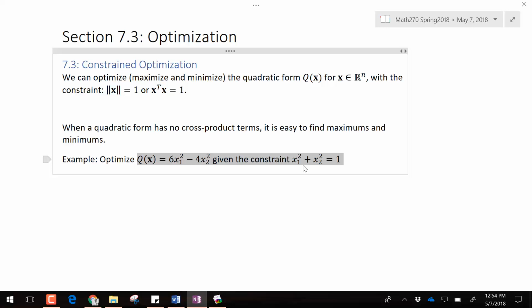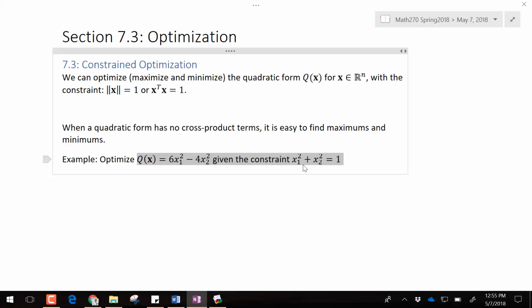And then our quadratic form would be one of these quadratic forms where the variables are raised to the second power. In optimizing this, one can look back to Calc 3 again and try to solve for this in a variety of different ways.